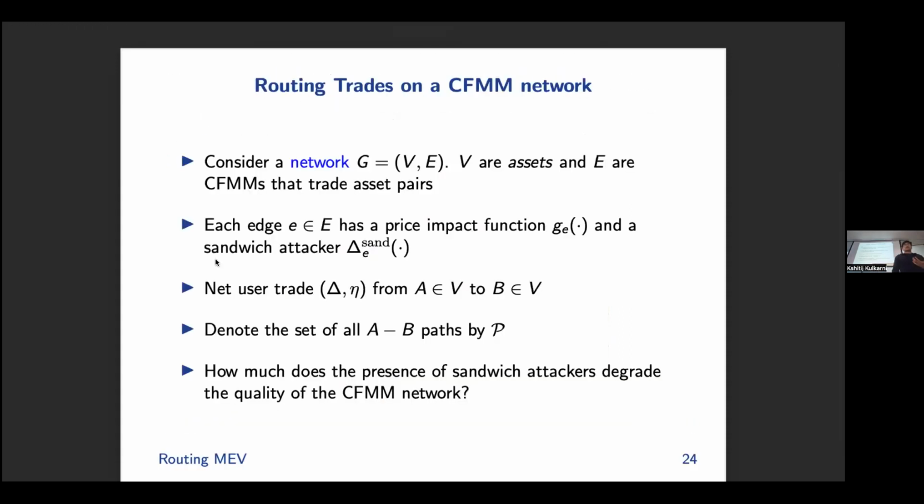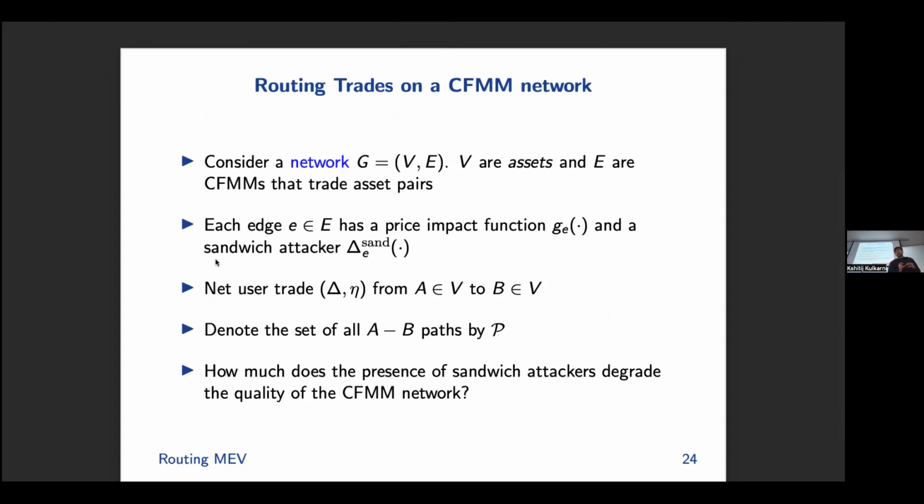So we want to generalize this simple 4-node example to something a little bit more interesting. Now just consider a general graph where the vertices of the graph are assets and the edges are the constant function market makers that trade those pairs.